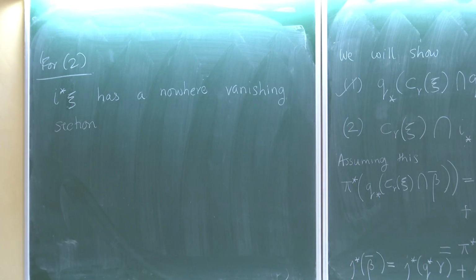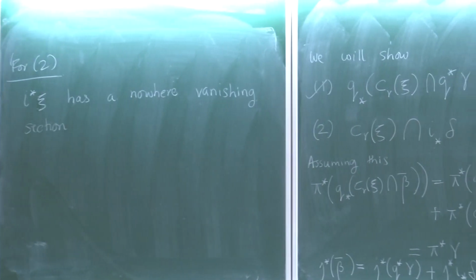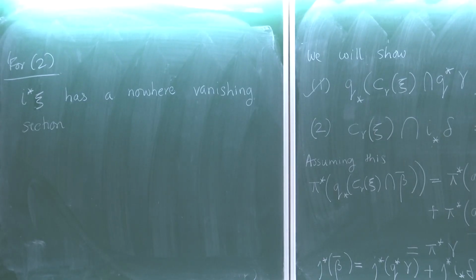Direction 1 is there, so you take the constant section 1 of 1. So this is the nowhere vanishing section. We have the constant 1 section, over the trivial bundle, and this is the nowhere vanishing section.